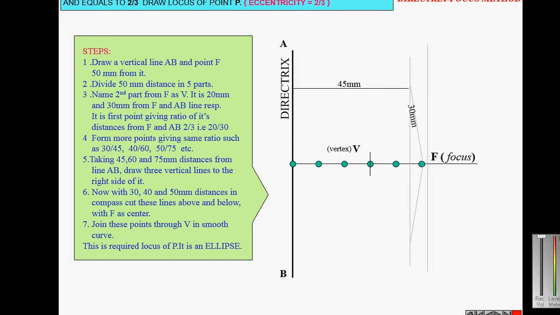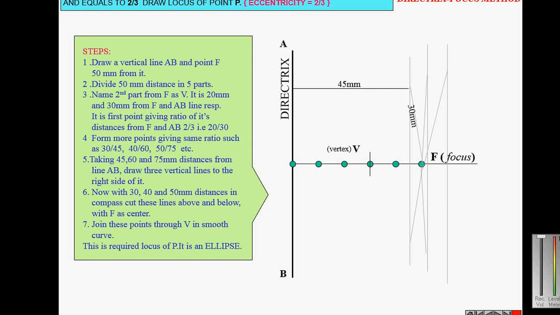So draw a line to the right side of the focus and form more points giving some ratio such as 30 by 45, 40 by 60, 50 by 75, etc.